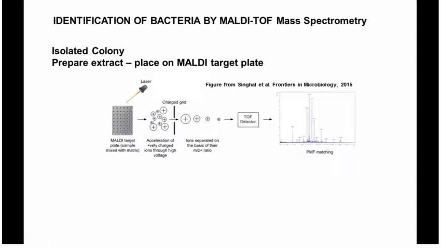Now, how on earth do you find out what this means? What you want to find out is, what was the bacterium in my colony? Well, the companies that make these machines spent a lot of time zapping hundreds of different strains of bacteria.